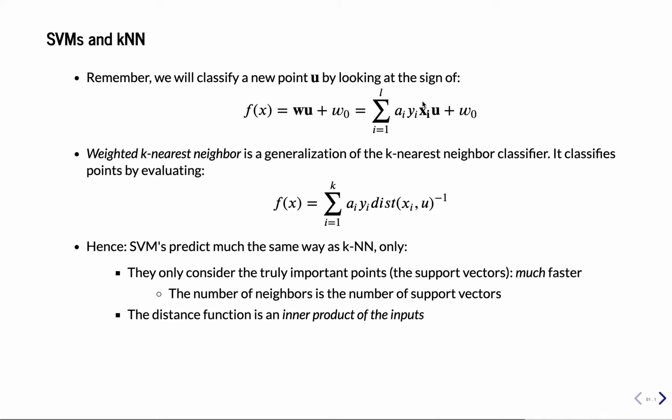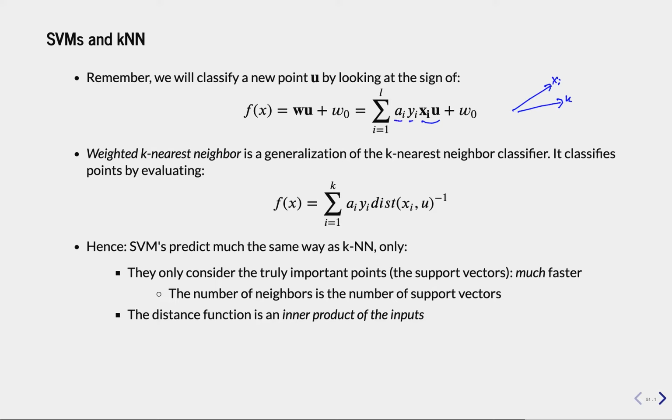And we know that this is a dot product. Then this term is basically the closeness between the vector xi and the vector u, with the correct class and weighted by some dual coefficient.